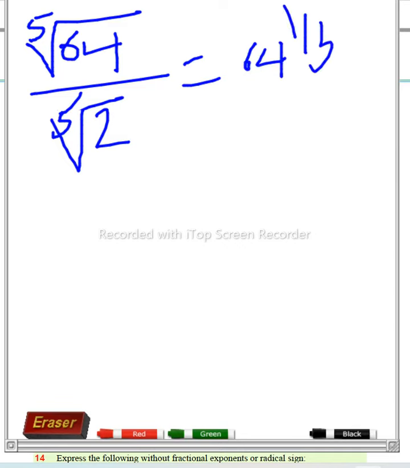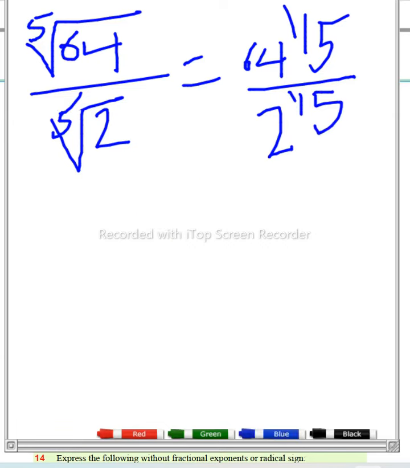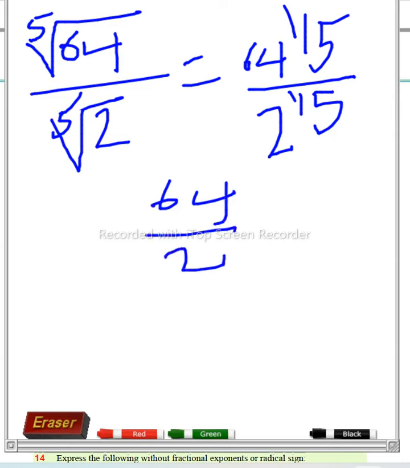This is the same as the fifth root of 2, which is 2 to the power of 1 over 5. As you see, they have a common exponent. We take one of them, so 64 over 2, the power of 1 over 5.